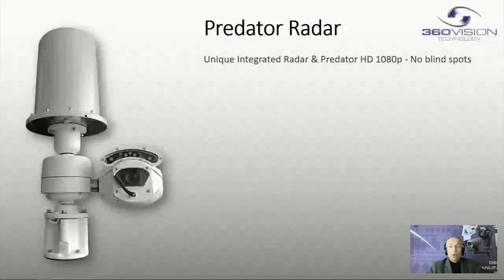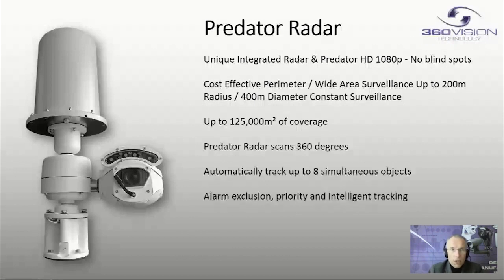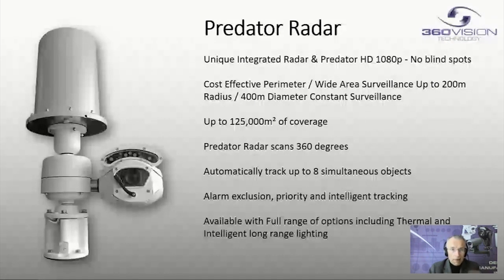So the model in question, on the left hand side of the screen, is in a particular form factor which is relevant to everything I've been talking about so far, which is essentially radar. It has a full 360-degree capability, and it is mounted above the surveillance camera.